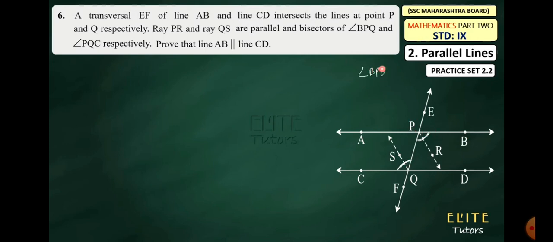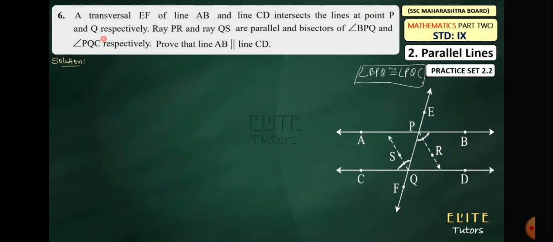So if we prove BPQ is congruent to angle PCQ, if these two angles are congruent, they are alternate angles forming a Z shape. So these two lines AB and CD are parallel to each other, forming a Z shape with one transversal. So we will easily prove that line AB is parallel to line CD.